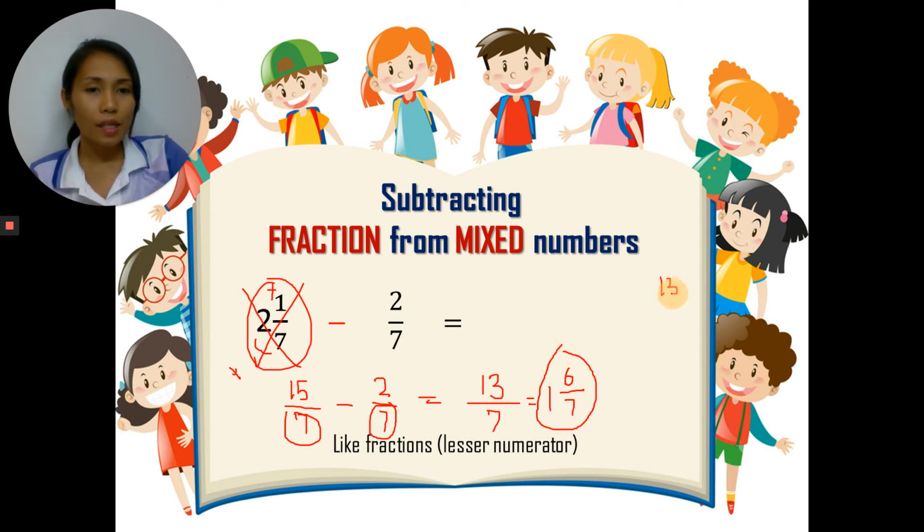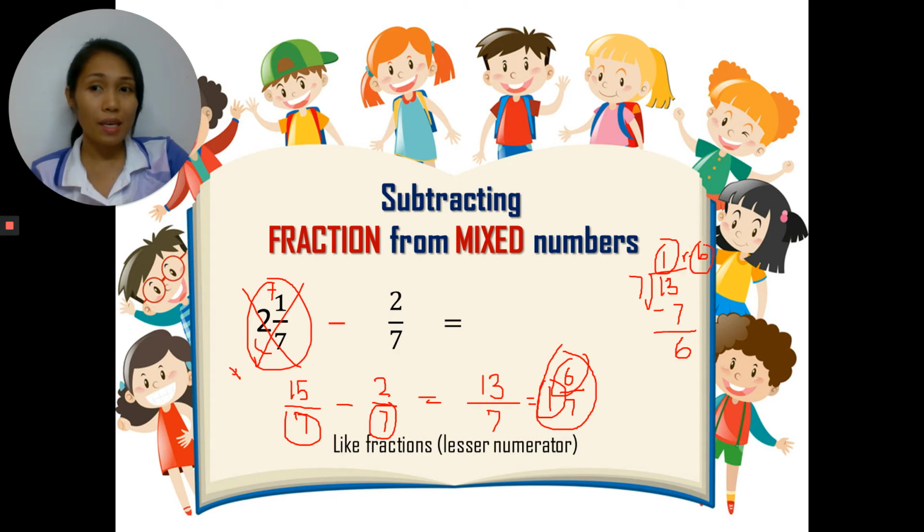Okay, 13 divided by 7. 7 times 1 is 7. 7 times 2 is 14. So we cannot have 2 here. So there's just 1. 7 times 1 equals 7. 13 minus 7 equals 6. So 1 remainder 6. So that's where I get the 1 as a whole number, and 6 is the remainder.